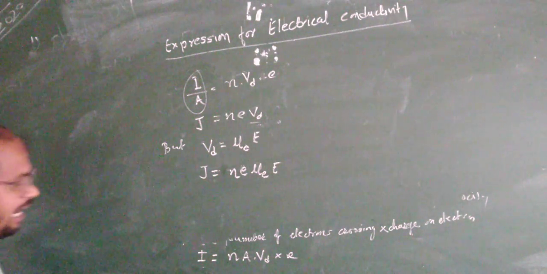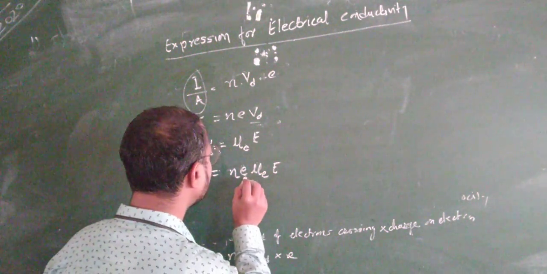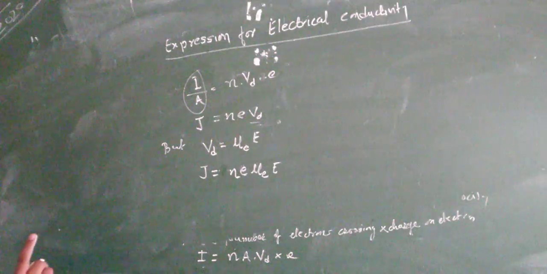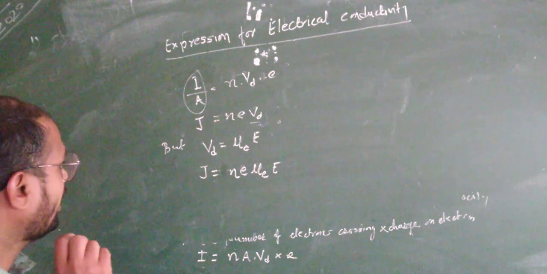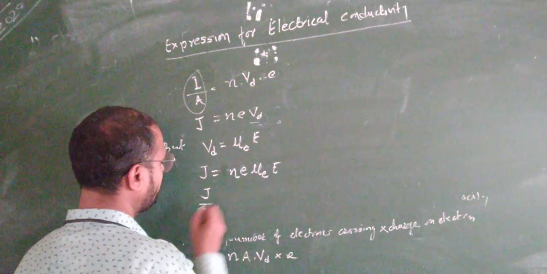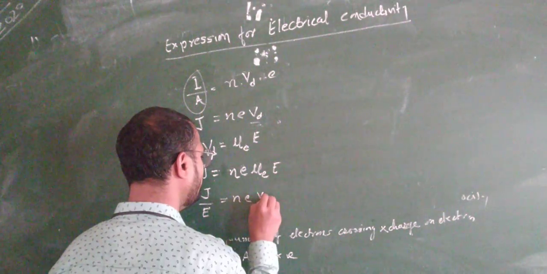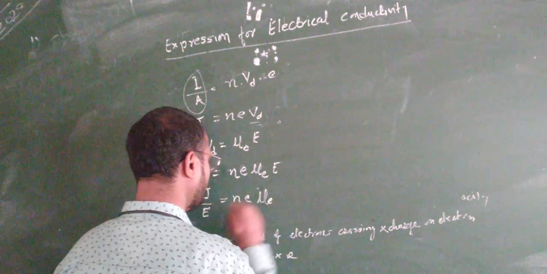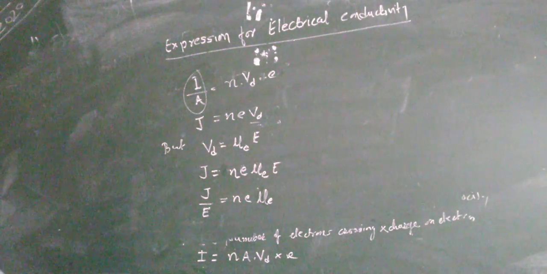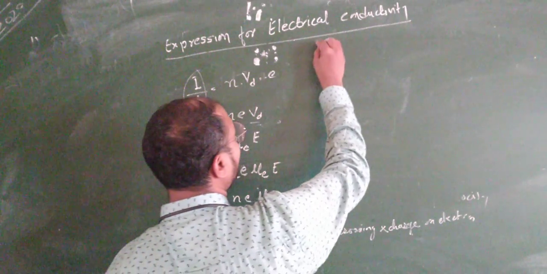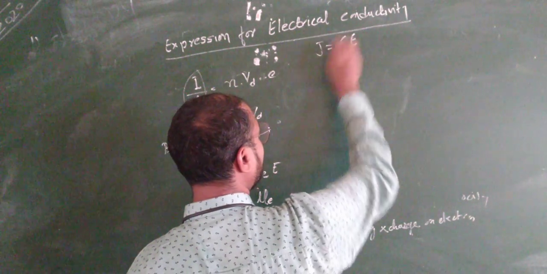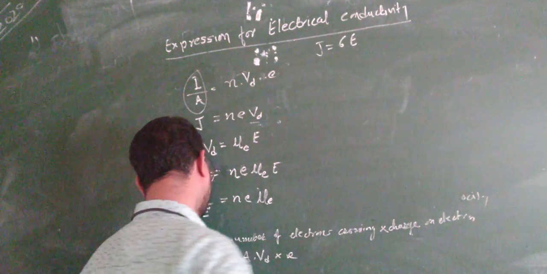And J upon E is equal to n e mu e, where J upon E is the electrical conductivity, because J is equal to sigma into electric field E. So J upon E is equal to sigma.